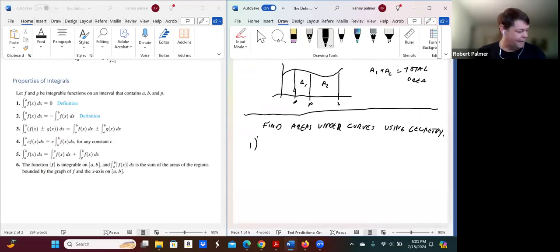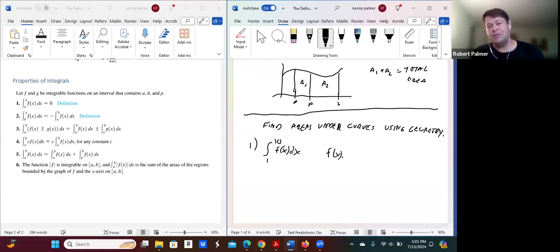Number 1. So let's say we're doing the definite integral from 1 to 10 of f of x dx. And here's what f(x) is going to be.